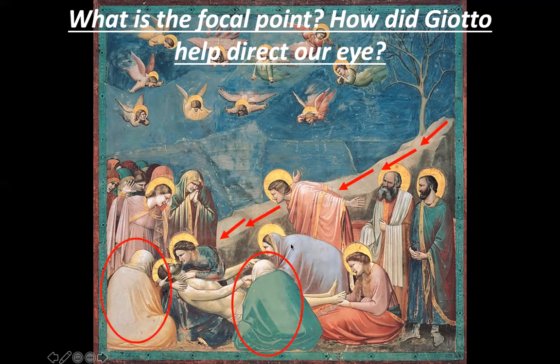Then you also have these two figures who are in the foreground of this really shallow space, and their backs are to you. So they're kind of like bookends. They frame Mary and Jesus. They stop your eye from wandering around. And then you have all these angels, like beams of light, coming out of their eyes. So you have that gaze he's using, and you can say the same for everybody else around, right?